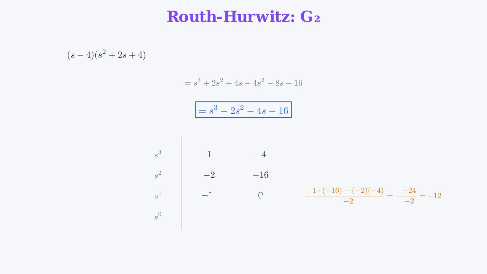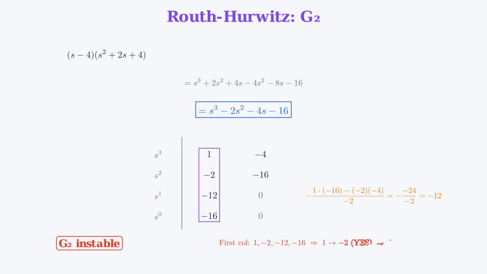Combining like terms, s cubed minus 2s squared minus 4s minus 16. Now we build the Routh table for this third-order polynomial. The s cubed row uses the first and third coefficients, 1 and minus 4. The s squared row uses the second and fourth coefficients, minus 2 and minus 16.